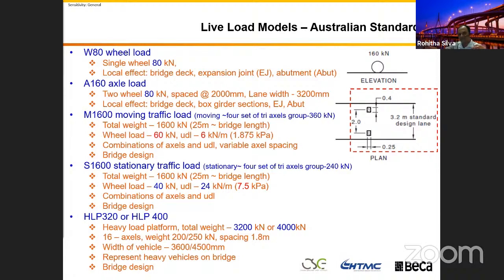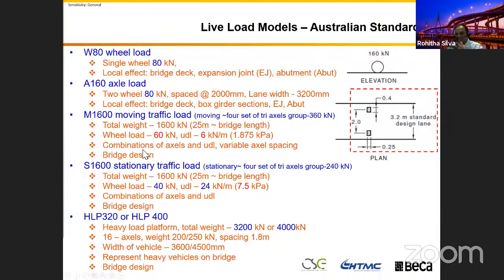A 26 meter length truck carries only 62.5 ton, but we are designing a bridge with the same length, but we are using 160 ton or 1600 kilonewton weight we are putting in a lane. The width equals 3.2, actual carriageway is 3.5, right?